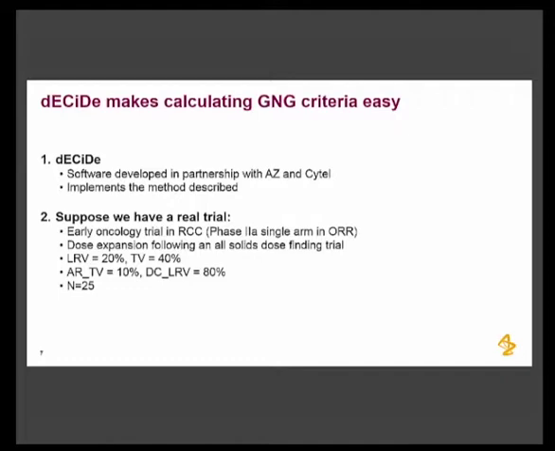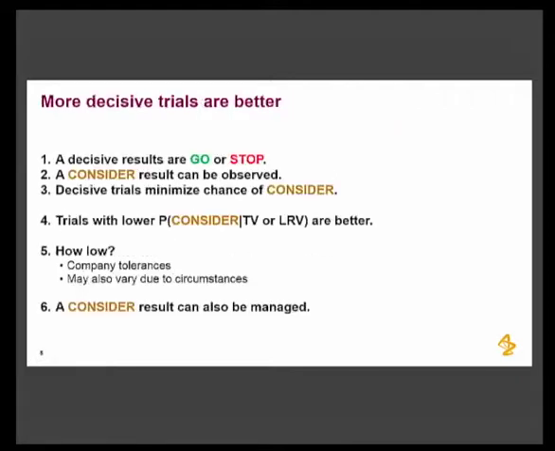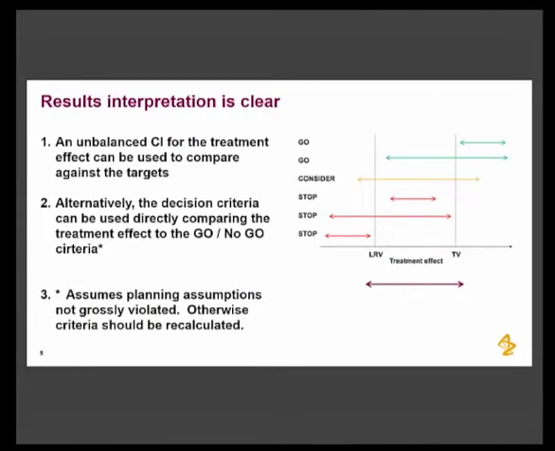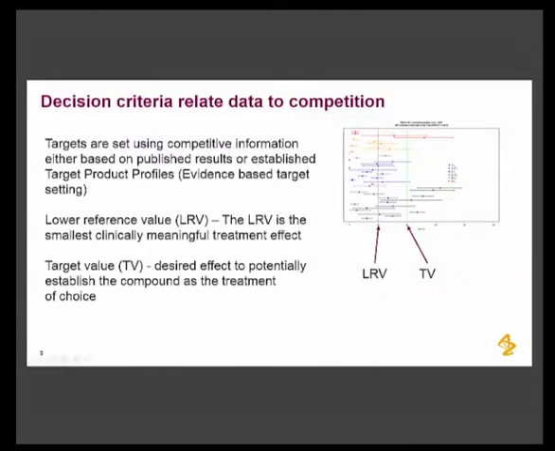After doing this trial, you're going to go on to this expansion trial. While you led up to that, your group decided that your lower reference value was going to be 20% and your target value was going to be 40%. And actually, I'm going to backtrack a little bit here so that you can see why we decided that.